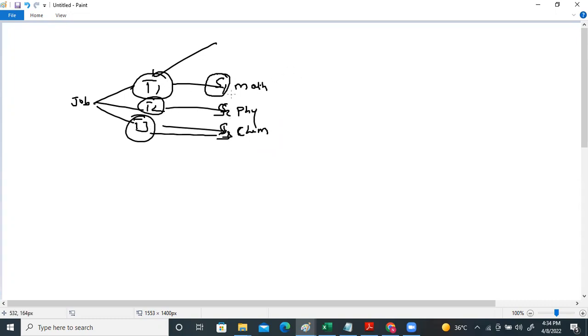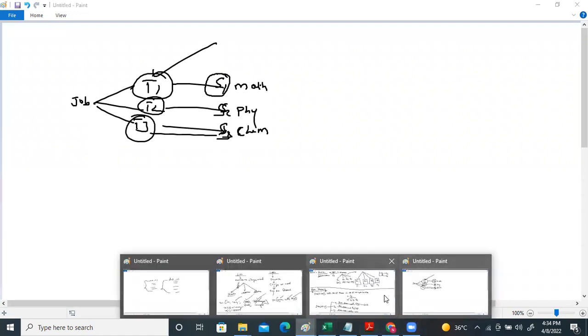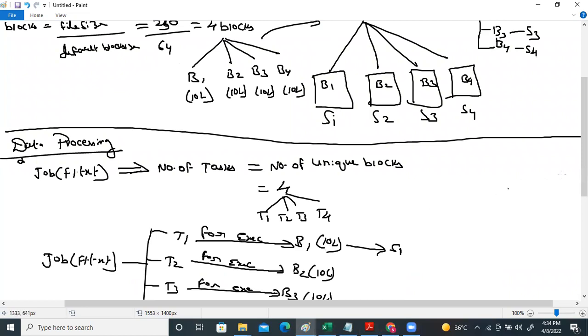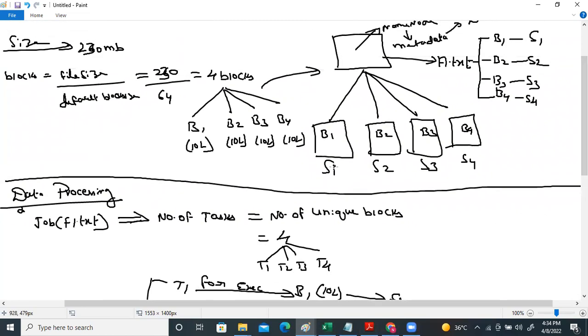Similarly in our example, B1 with 10 lakh records is within slave 1, so the T1 task has to be executed by S1 only. T2 task by S2 only, to execute the B2 10 lakh records. And T3 task is executed by S3, T4 by S4.